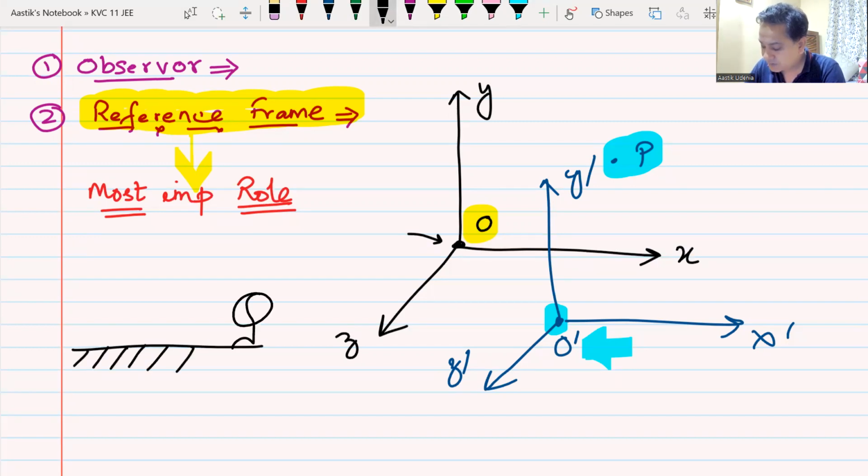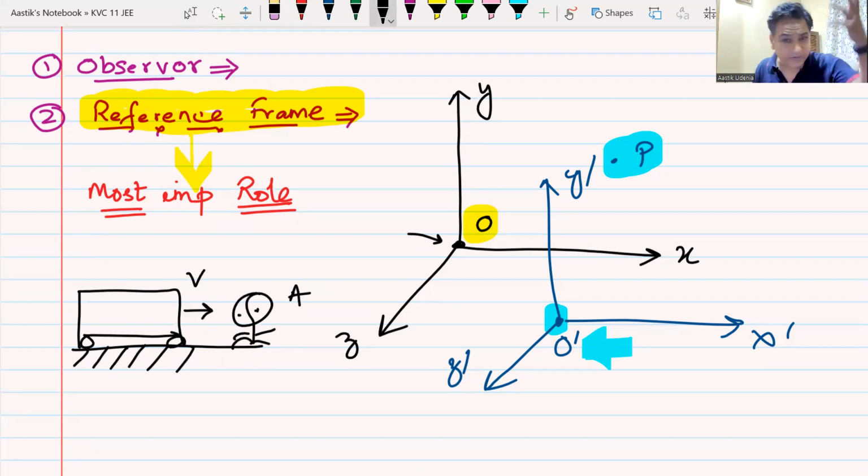I have a person, let us say person A, and then I have a moving bus. My drawing may not be so good, but the concept is what you have to understand, not the drawing. And then I have this person B, and this person C, who is sitting in the bus.